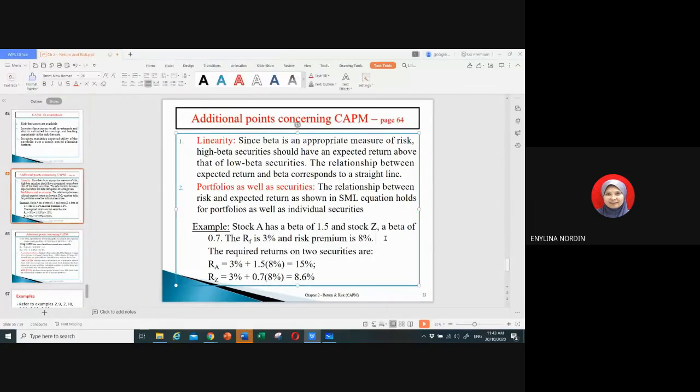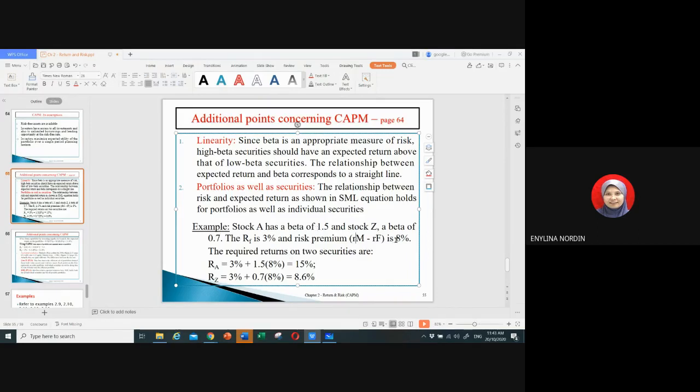What is risk premium? You must bear in your mind, risk premium is RM minus RF. Okay, RM minus RF. If the question says the 8% is the market portfolio return, then that is RM. If it says risk premium or market risk premium, we mean RM minus RF.